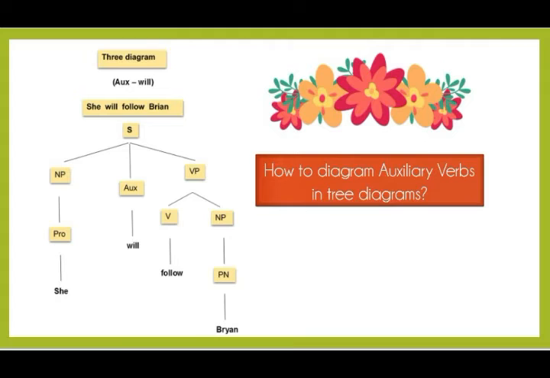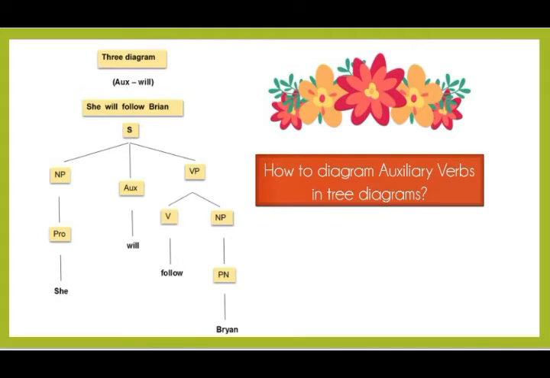The rest of the sentence is the verb phrase. We put VP indicating that it is a verb phrase. The main verb in this case is "follow".